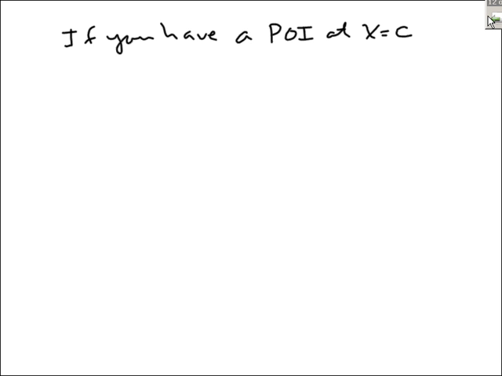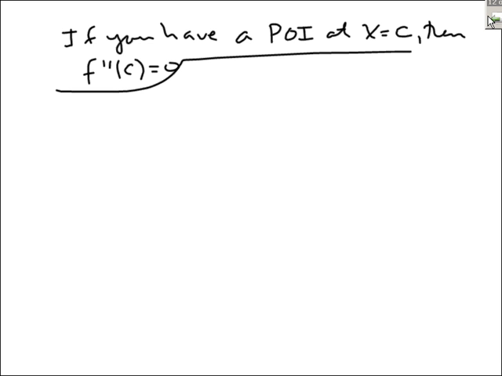Let's write it up formally so you can have it in your notes. If you have a point of inflection at x equals c, then f double prime of c equals 0.